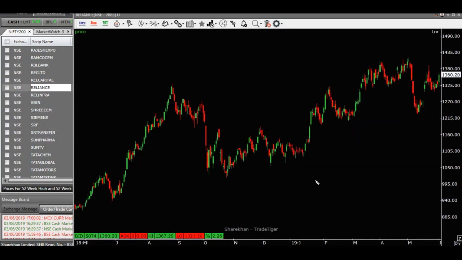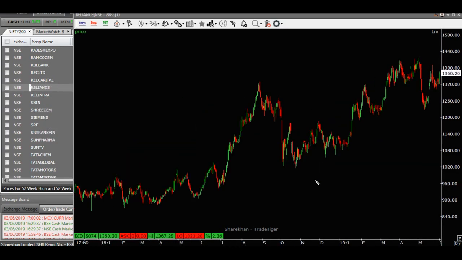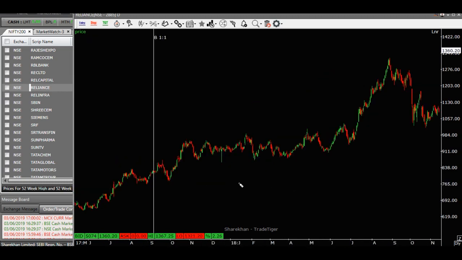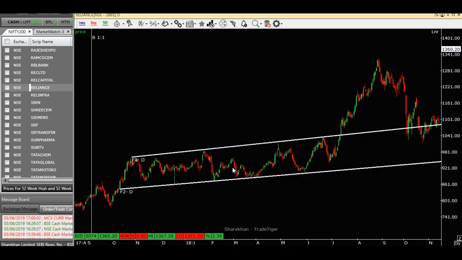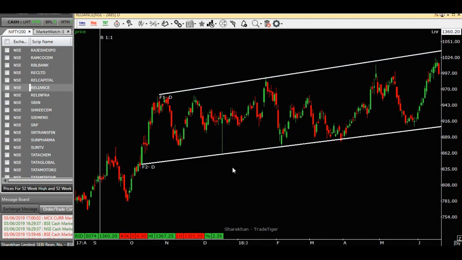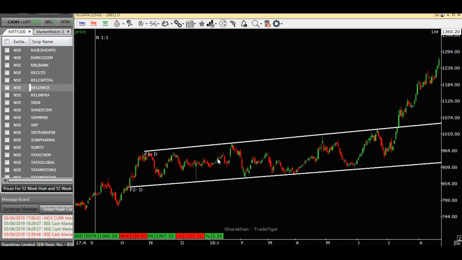So let's look at another example. Let's see Reliance. So in Reliance, we had a nice rising channel here, right?